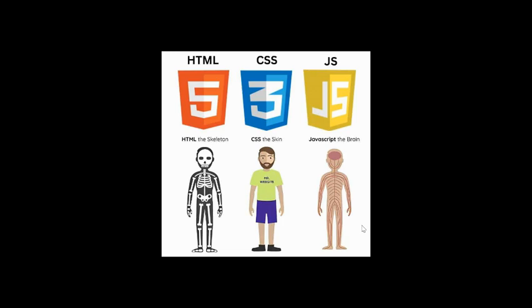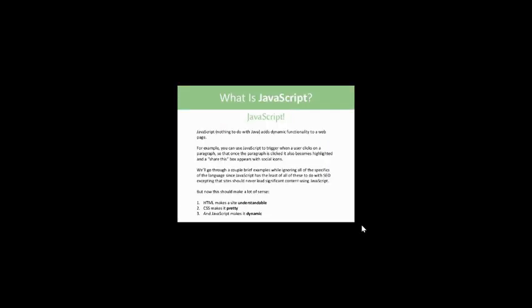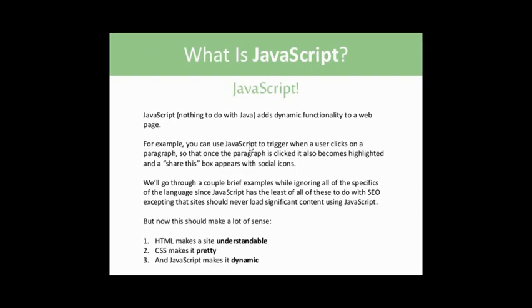So this is the overview of how we can use HTML, CSS and JavaScript to build our web pages. So what is JavaScript? JavaScript and Java are not the same. They just have similar names, but they are not the same. JavaScript adds dynamic functionality to a web page.